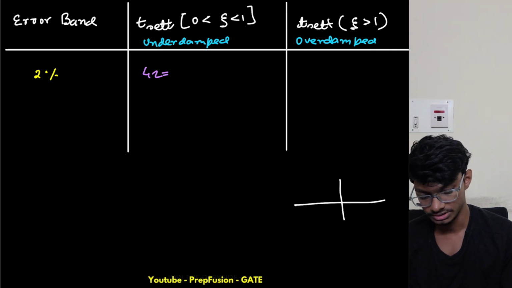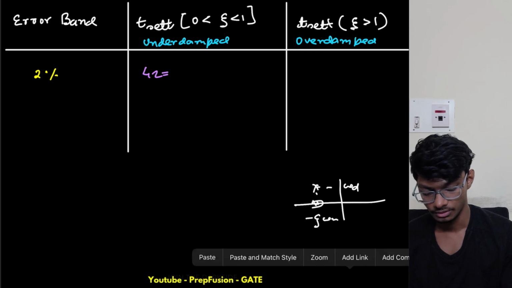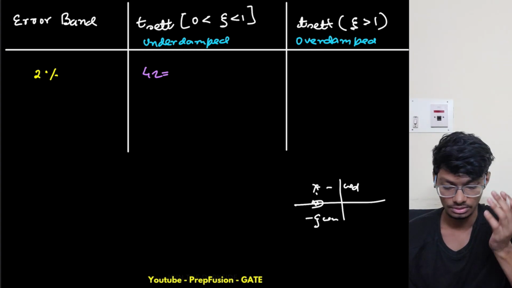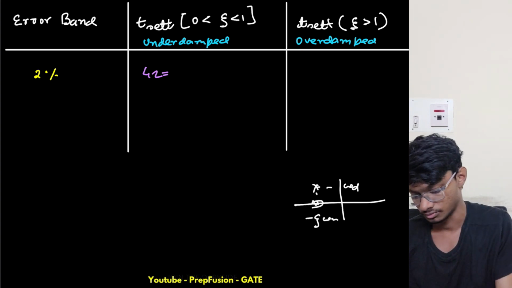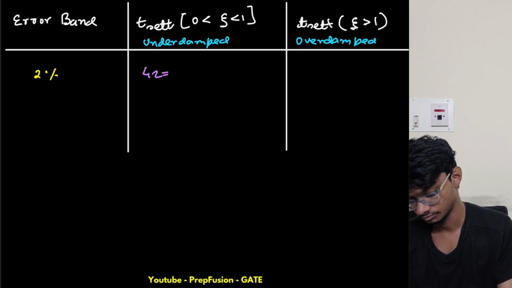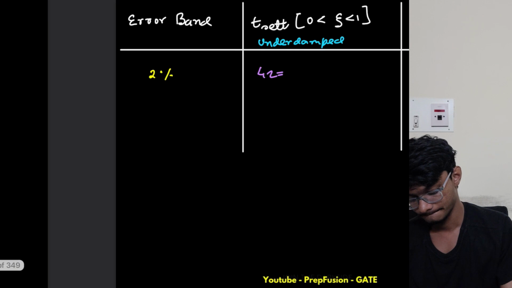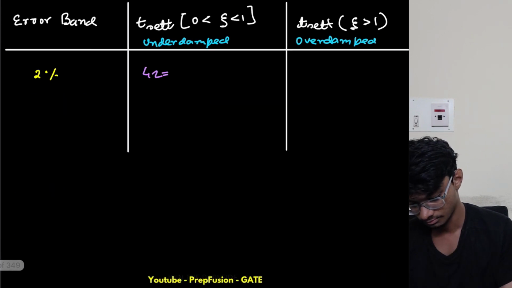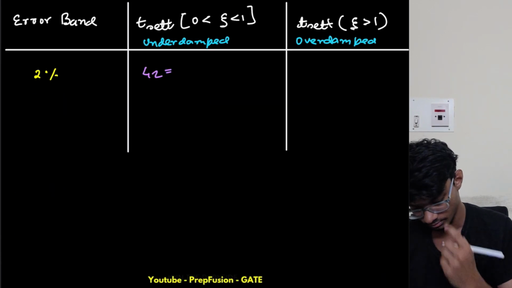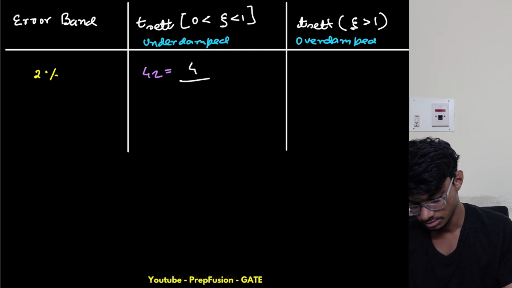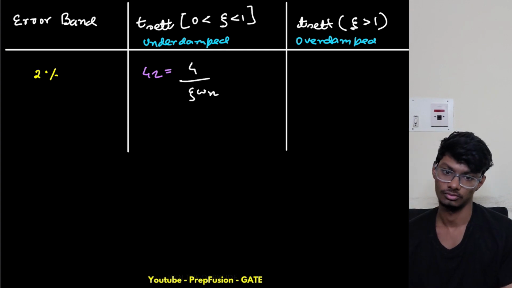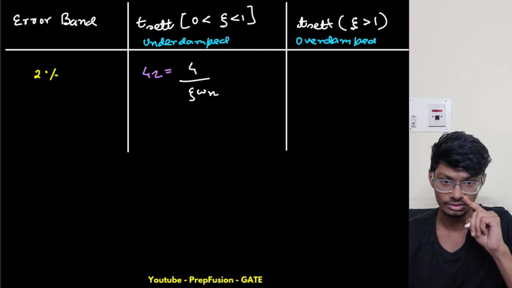Omega d was the imaginary component and minus zeta omega n lies somewhere around here. If I take the negative inverse of this, I get tau, which is 4 by zeta omega n. So this is what tau is.